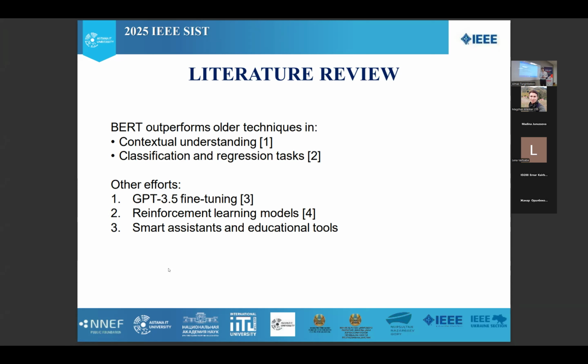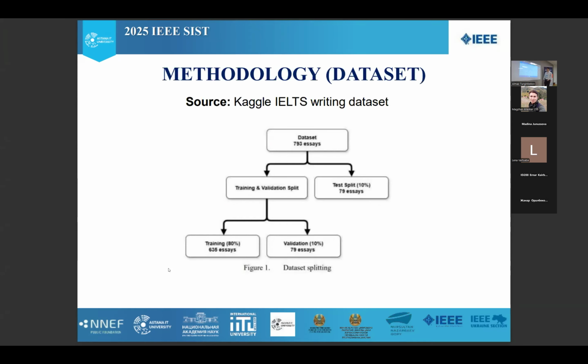And the other models like GPT 3.5, reinforcement learning models, smart assistants, and education tools were not used because there was a lack of resources for training, and just like other researchers, we relied only on the BERT model.